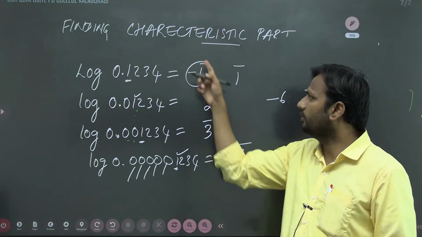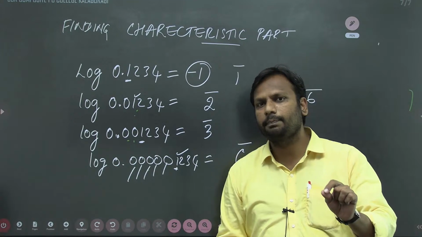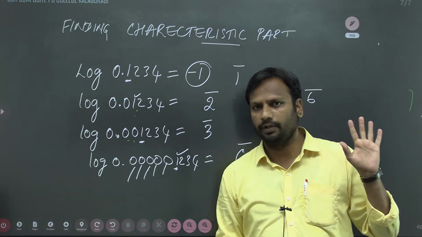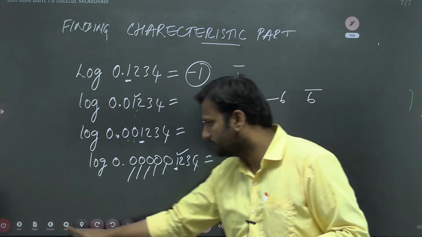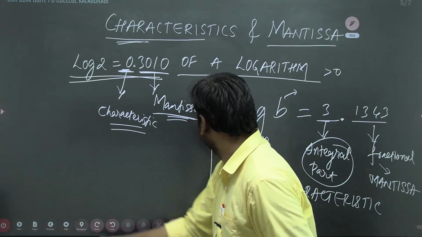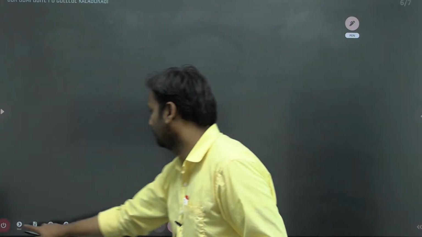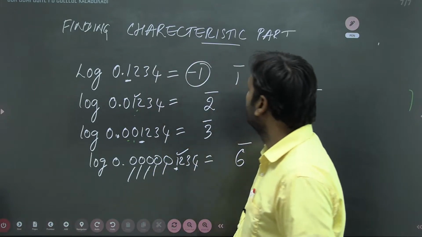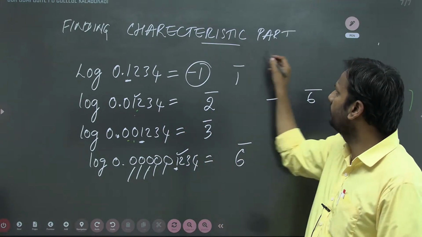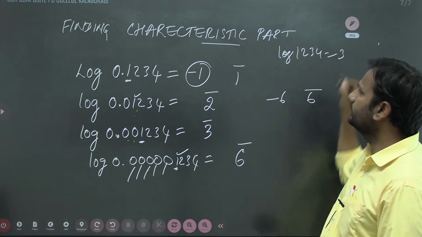So after finding all these things, you can say that the characteristic part may be positive, may be negative, it may be 0 also. In the previous things, for the 4-digit number, the characteristic part is 3.